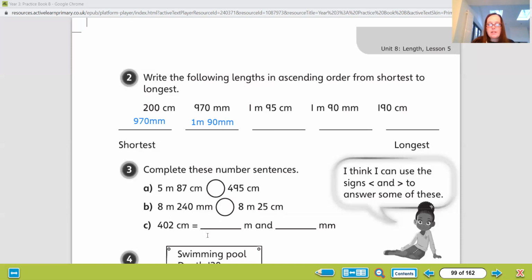So think about the metres, but then it's saying, ooh, what's 2 centimetres in millimetres? It's not 2 millimetres, is it? So think about it, because there are 10 millimetres in 1 centimetre. If we've got 2 centimetres, how many millimetres must we have? Okay, let's clear that and then we'll do the last one together.